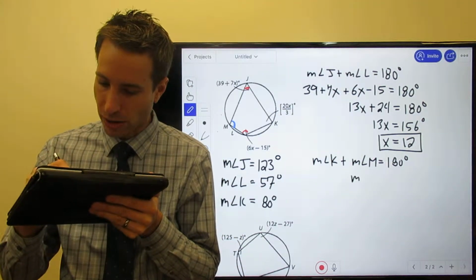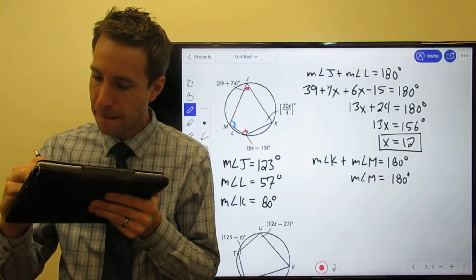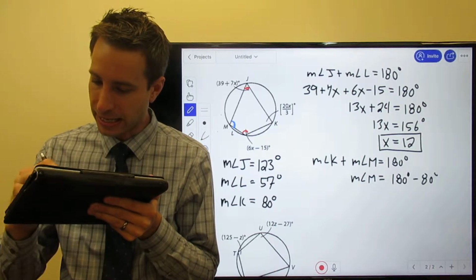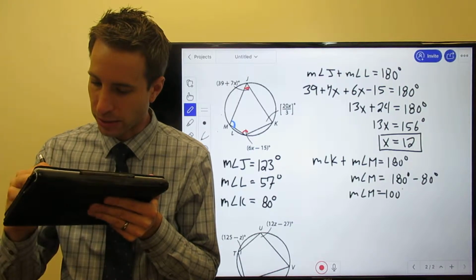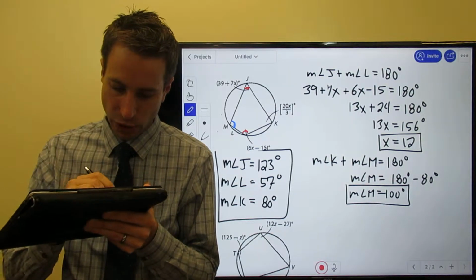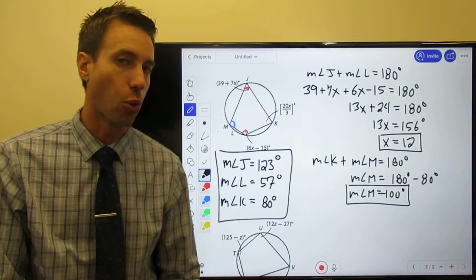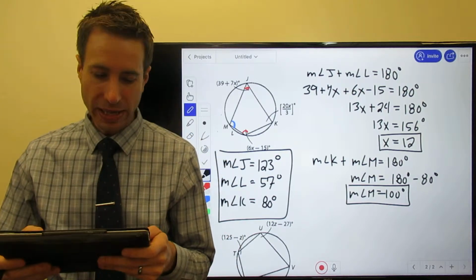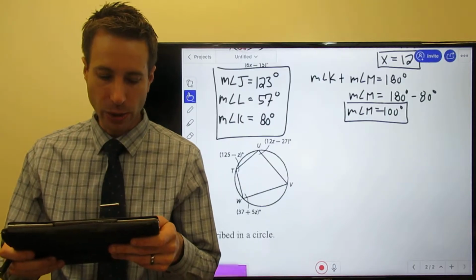So the measure of angle M is 180 minus 80. That's 100 degrees. And just like that, you've solved for all of the angle measures of the inscribed quadrilateral. I know, really pretty simple, straightforward problems. I like them too.